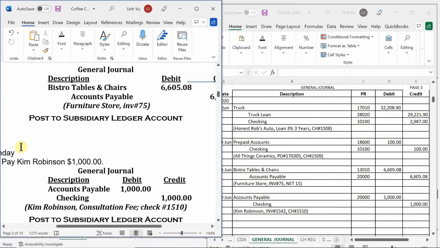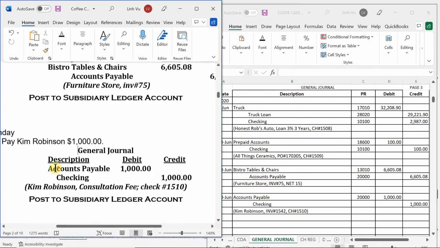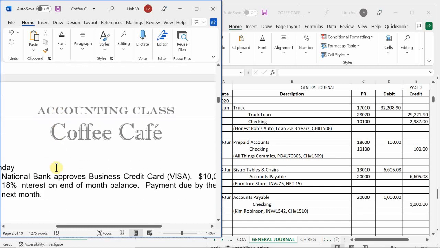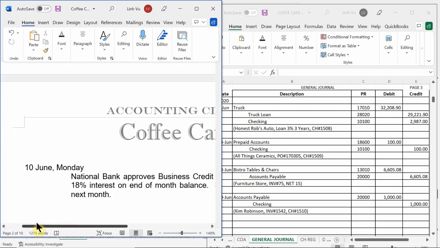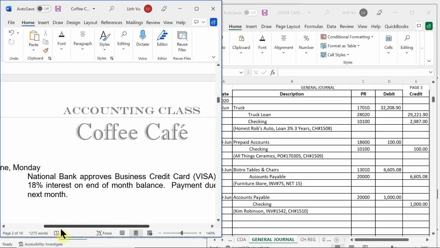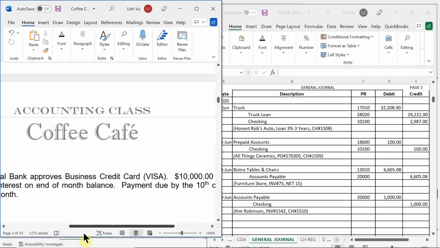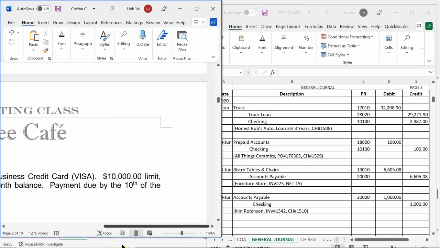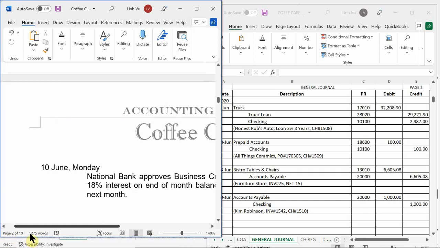Okay. So now that I made a payment to Kim Robinson, let's see what has happened next. Once again, June 10, Monday. National Bank approves that you got a business credit card Visa for a total of $10,000 credit limit.